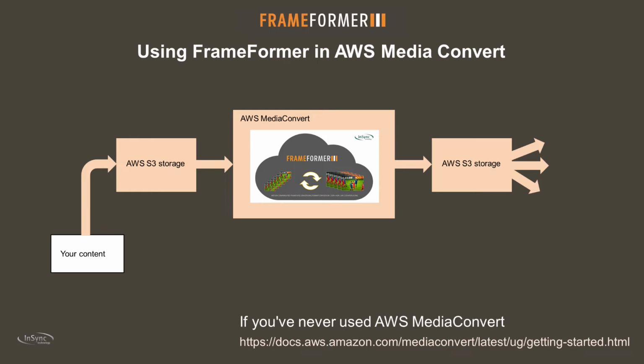If you've never used AWS MediaConvert, I'd suggest you have a look at the Getting Started guide. The link for that is shown on this slide. But actually, using FrameFormer in AWS MediaConvert is very simple.